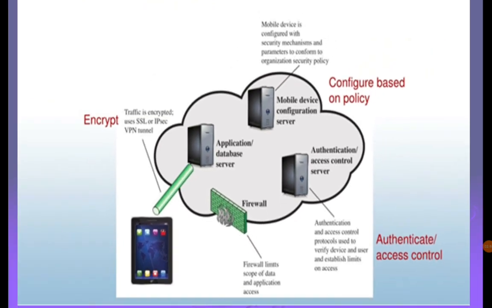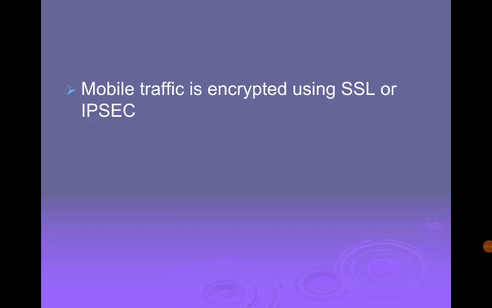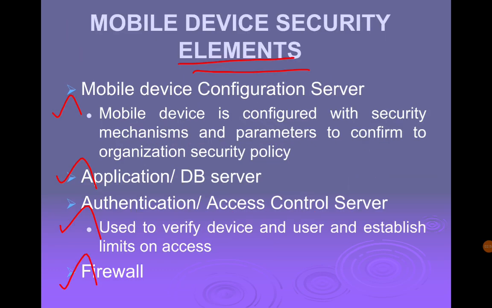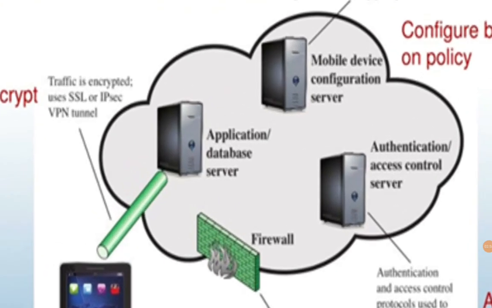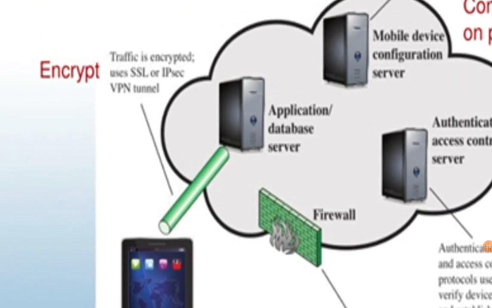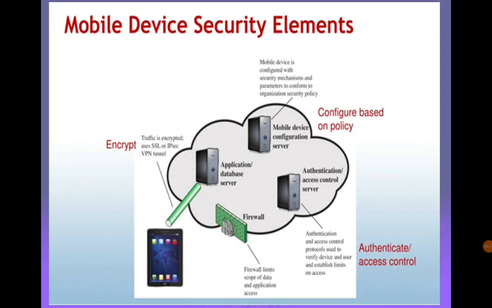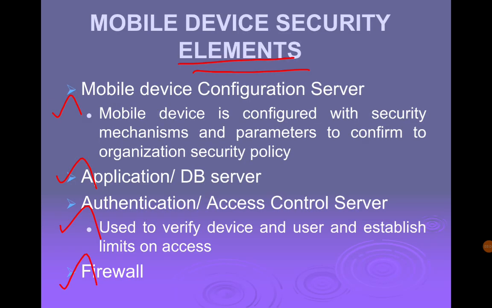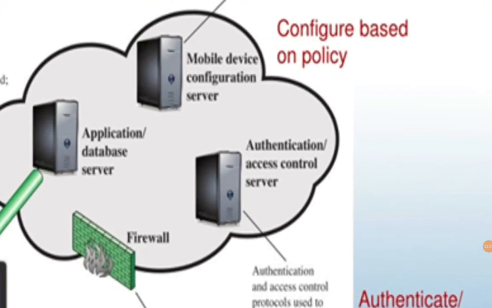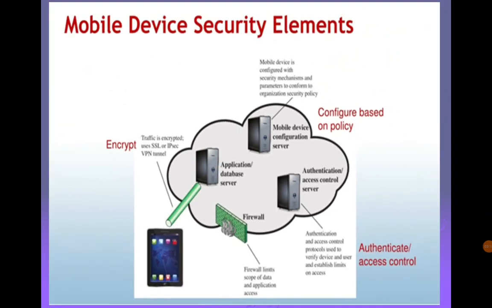One is the mobile device configuration server, and the second one is the application or database server. And the third one is the authentication or access control server. And the final one is the firewall.